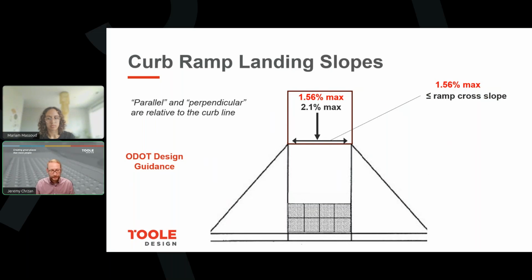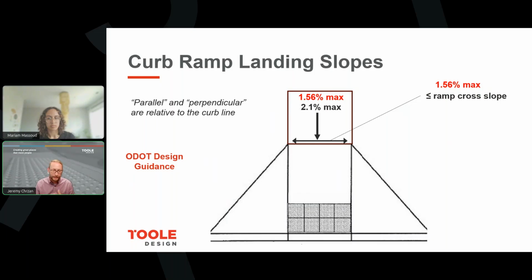When it comes to the landing of a curb ramp, the landing in the direction of travel from PROWAG's perspective is 2.1% max. ODOT's preferred is 1.56% max. And then the cross slope of the landing, ODOT says it's 1.56%. But what PROWAG actually says is that cross slope can't exceed the slope of your adjacent roadway or the slope of the adjacent ramp.